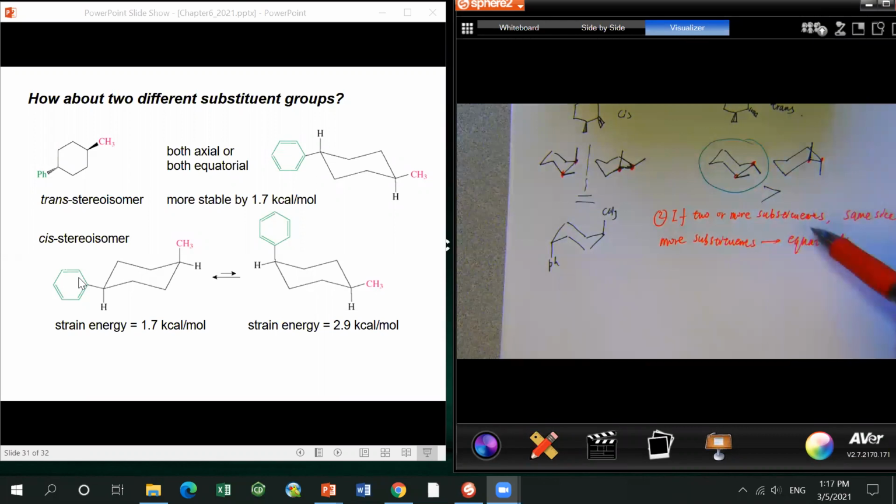The chair conformation that can put more substituent groups in equatorial positions is the most stable.